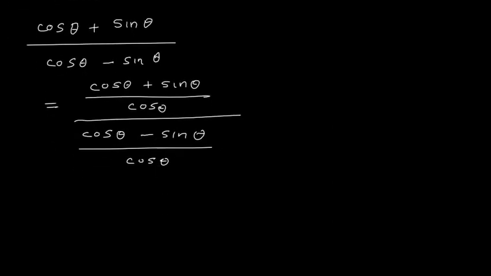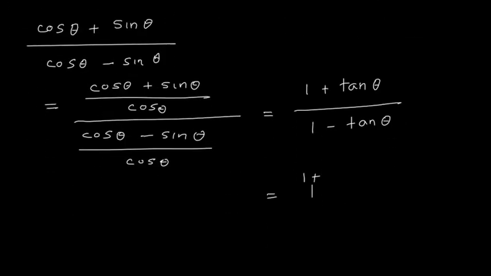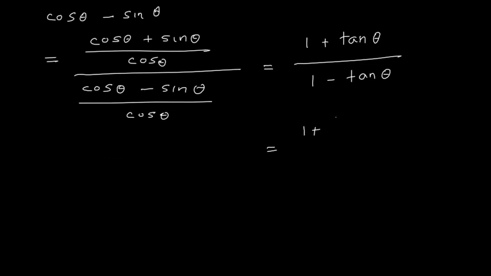Now see, numerator cos theta upon cos theta is 1, plus sin theta upon cos theta is tan theta. So this becomes 1 plus tan theta, and the denominator in the same way will become 1 minus tan theta. You know the value of tan theta is 5 upon 12, so it is (1 plus 5 upon 12) divided by (1 minus 5 upon 12).